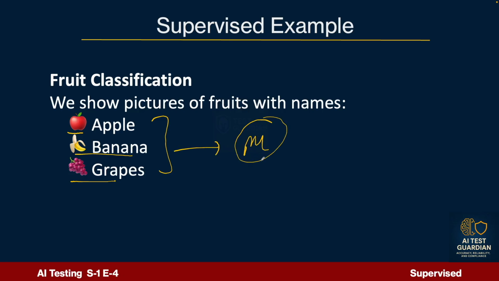The model learns how the apple, the banana and the grapes look. After some time, when we give a new fruit to the model, it should be able to predict: is this a fruit? If yes, what is the name of this fruit? That is supervised machine learning, where you provide the picture and you give the answer as well, that this is apple and this is banana.